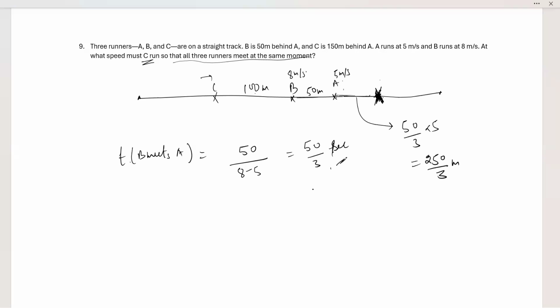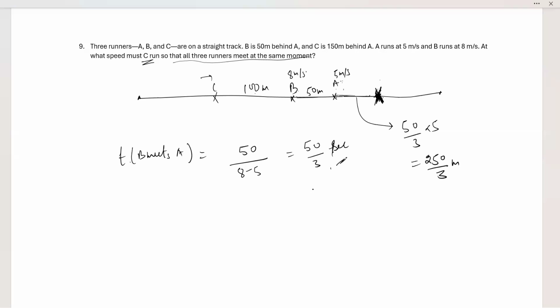They have to be together at the same time. So the time during which B and A meet, or B overtakes A, is the time window in which C has to cover the entire distance and meet at this point. Because only then will all three meet at one place. Otherwise they won't meet anywhere else. Once B has crossed A, it will not be able to cross it again. B will move forward and A will remain behind, and C will go far ahead.